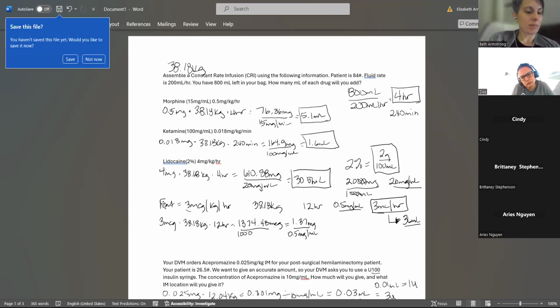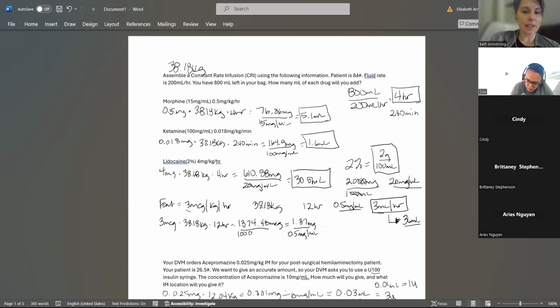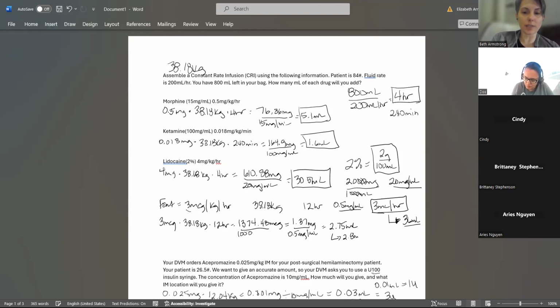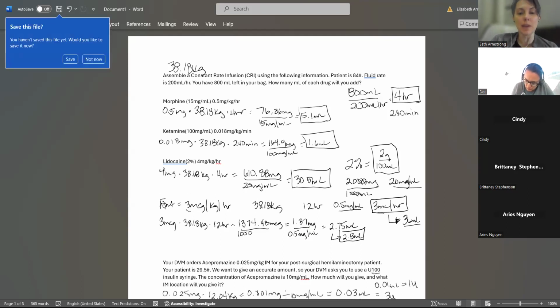Divide that by 0.5 and I get 2.75 mLs. Okay, you can go to 2.8, let's just go to 2.8 to make it easier. 2.8 mLs that I'm going to need. So I'm going to need 2.8 mLs total of my fentanyl.